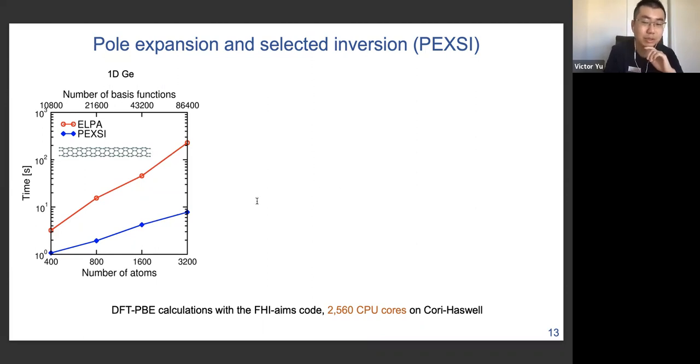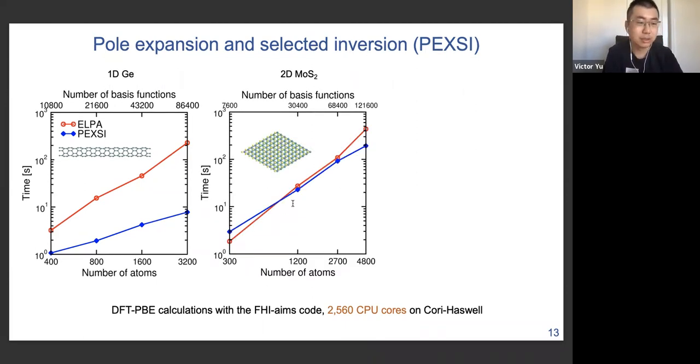So for a 2D system, PEXSI is also very competitive because of its lower scaling. Here, for this particular system, for a small number of atoms, ELPA is faster than PEXSI, but as we go to larger systems, PEXSI is actually faster than ELPA by a factor of 2 to 3.